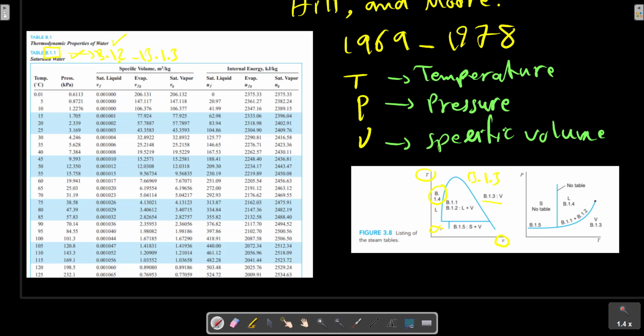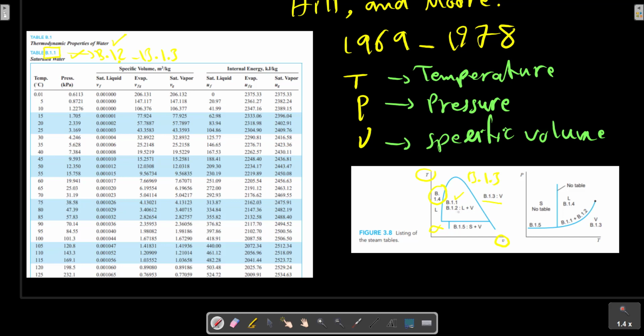The saturated liquid and the saturated vapor region, as seen in the figure before, is listed according to the value of T in table B11 and according to P in the next table.